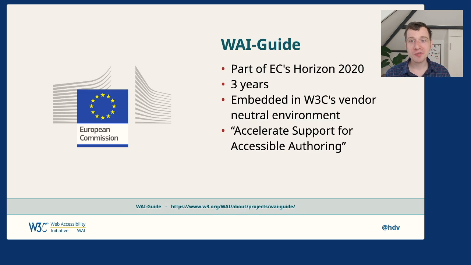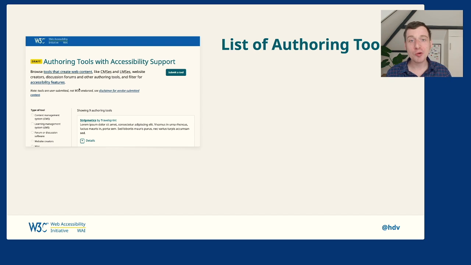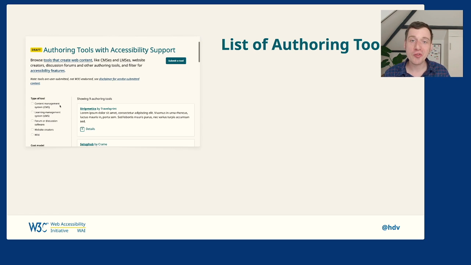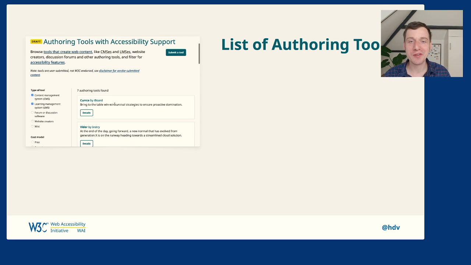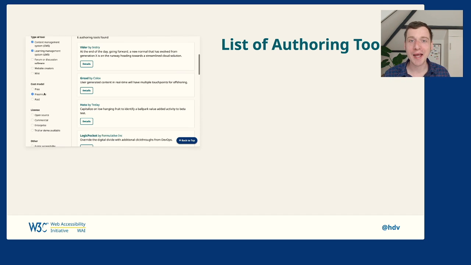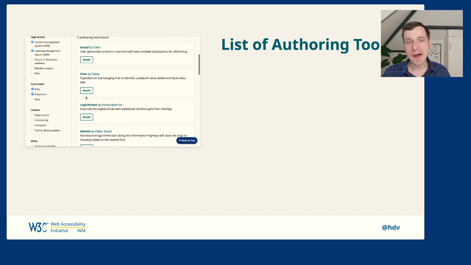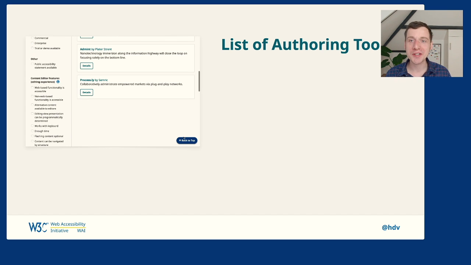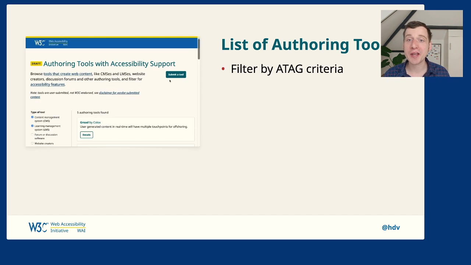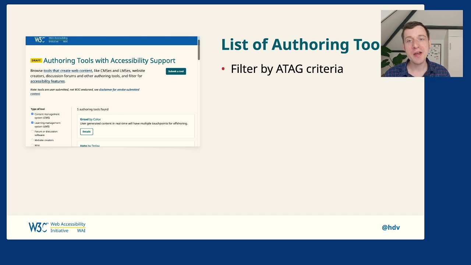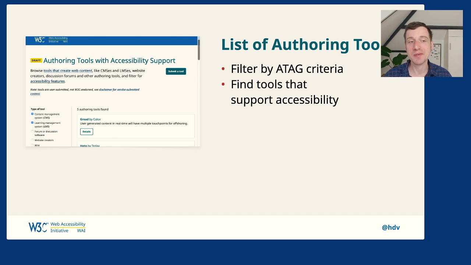Now, something that I'm involved with personally is something called the WAI-Guide project. One thing that we're creating as part of that is to help people use the authoring process that I just outlined, right? We're really putting authoring tools at the front and center to help you get your accessibility right. We want to help people find tools that support accessibility. So we created a list of authoring tools where you can filter by ATAG criteria and find tools that support accessibility.